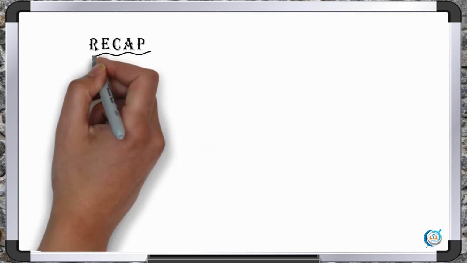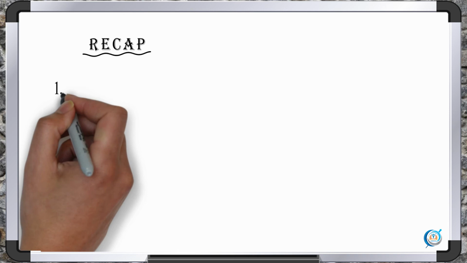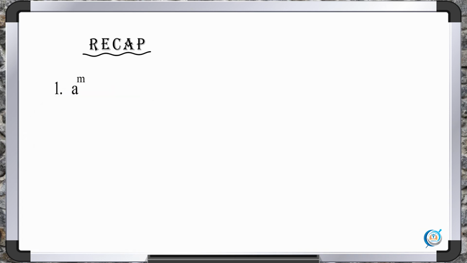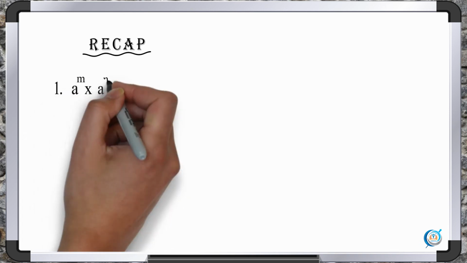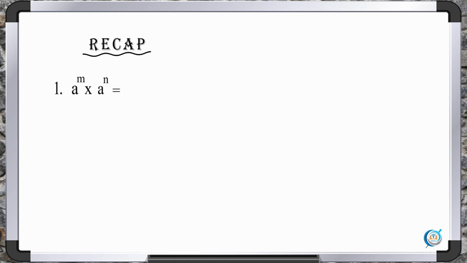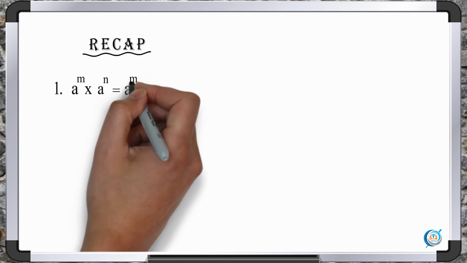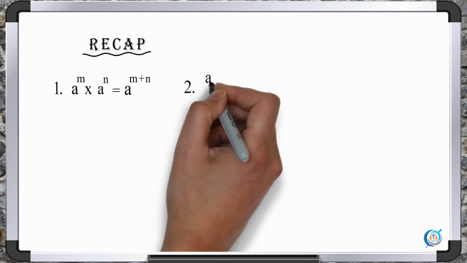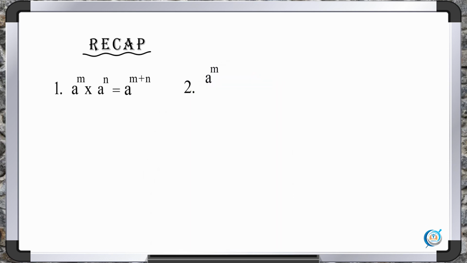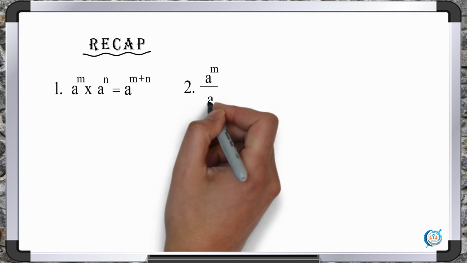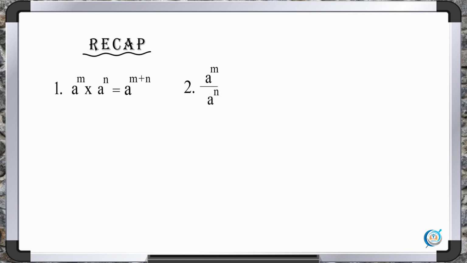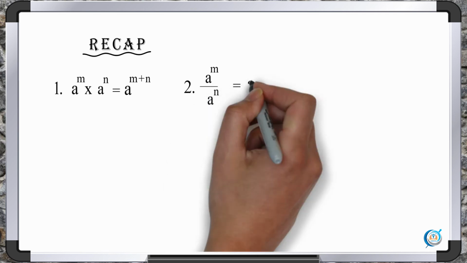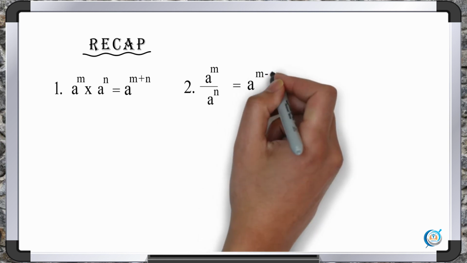Now we'll just go through all the properties once again. First one, a power m into a power n. Bases are the same and powers are different. So a power m into a power n is equal to a power m plus n. Same way, second one, a power m by a power n will be equal to a power m minus n.